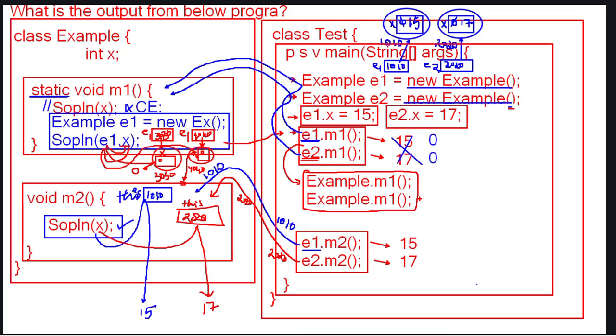Static method is meant for executing logic common to all objects. Hence, it doesn't have the implicit parameter this.